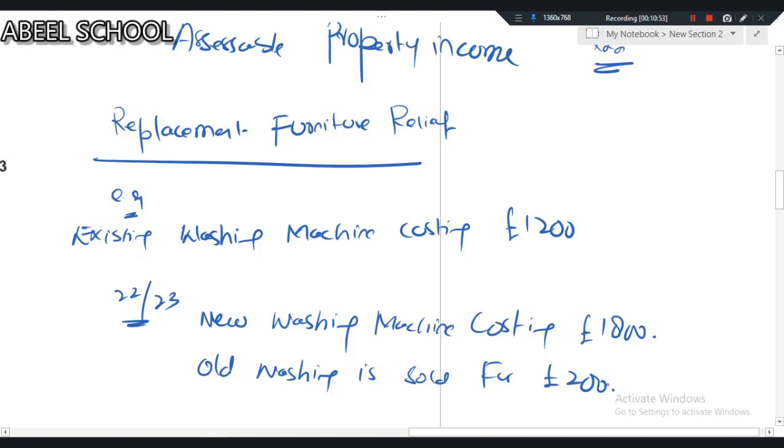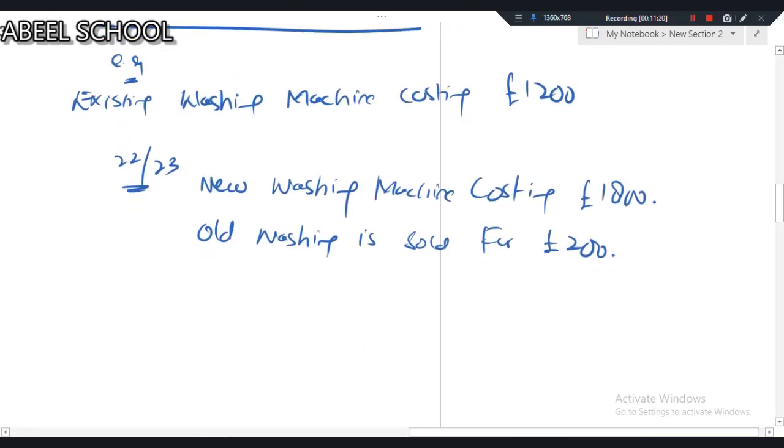A very important point. We are replacing the existing washing machine with the new washing machine. The new washing machine costs 1800, but 1800 will not be your replacement furniture relief. Why? Because this individual is spending £1,800 on the new washing machine, but he is also getting scrap value sale proceeds of £200 from the existing machine. The residual value of the existing furniture item reduces your replacement furniture relief, which makes sense.